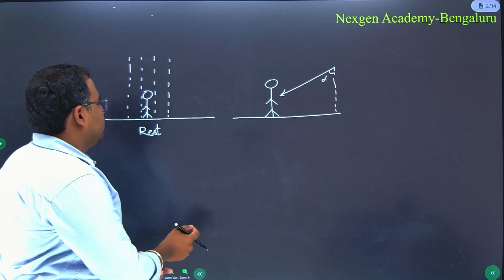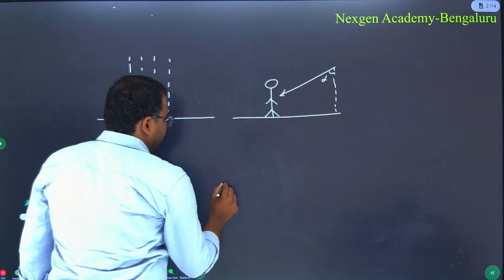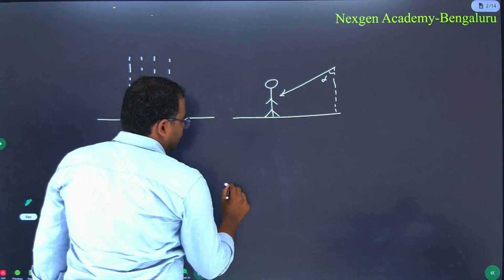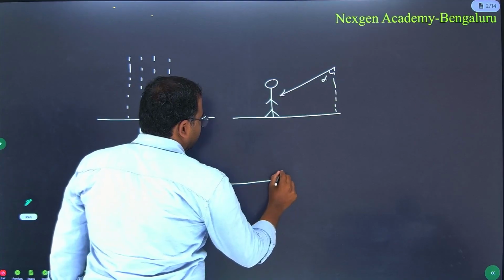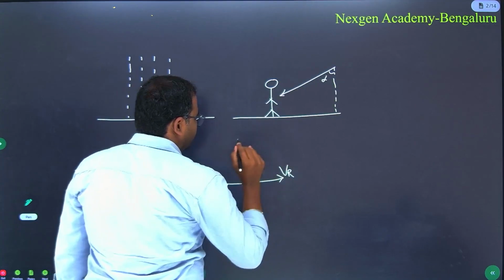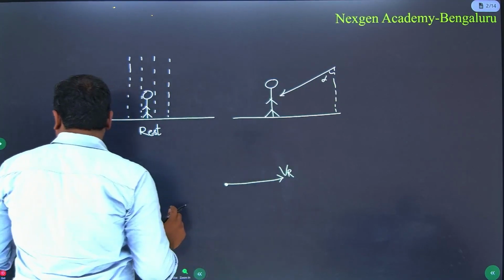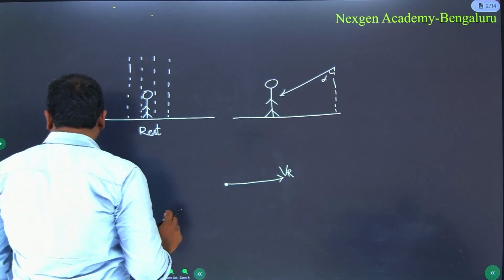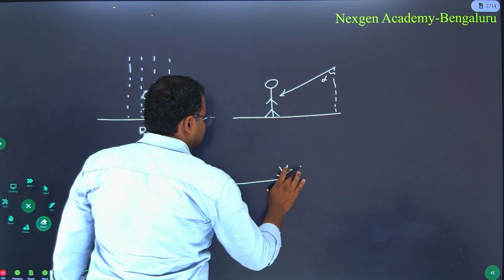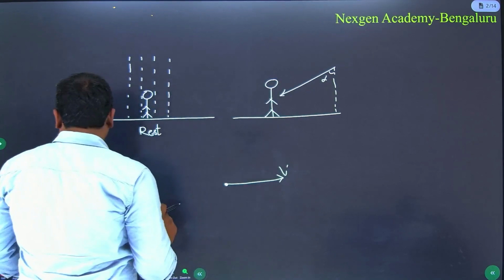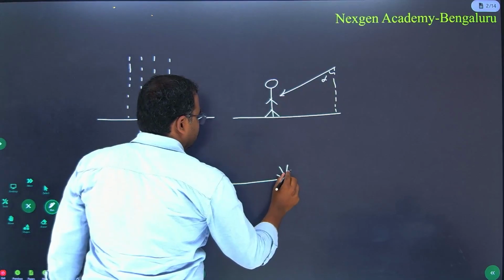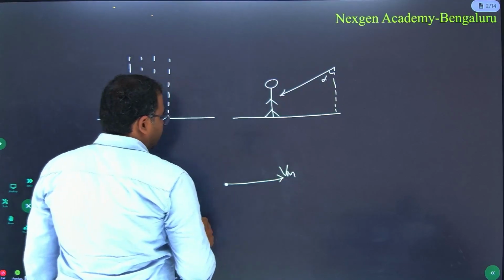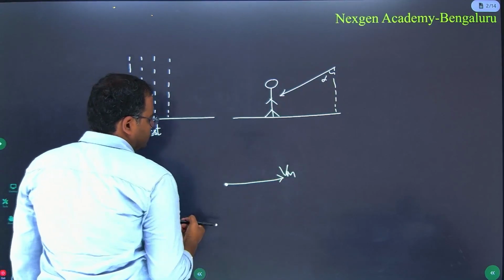Now imagine this man is running at a speed of Vm, the velocity of the man, in this way. Now he is running at this speed.